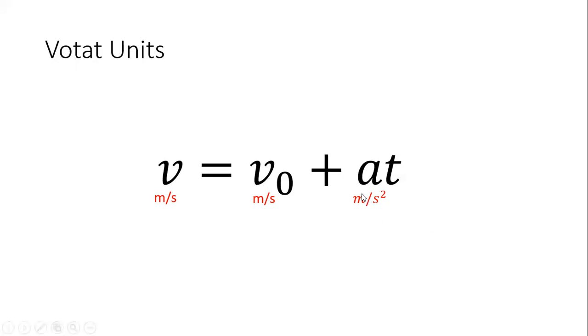Now, the unit for time is seconds. As you can see, the units for these variables are consistent. We have meters, we have seconds. So make sure, before you solve a problem, dapat ang mga units are consistent. To do that, you should convert units that are not consistent to the unit that you want to have.